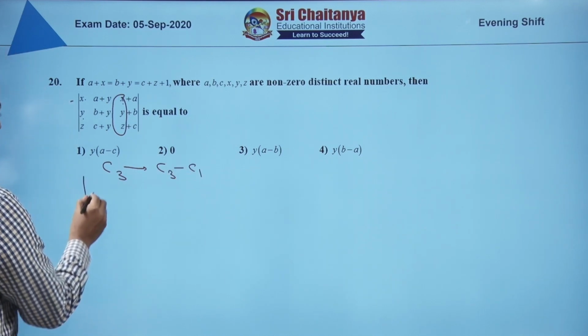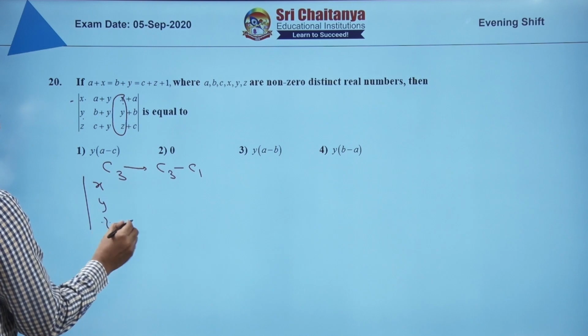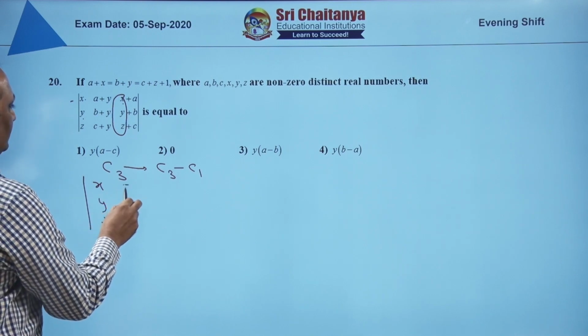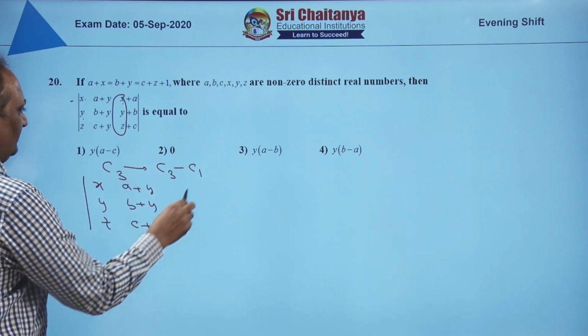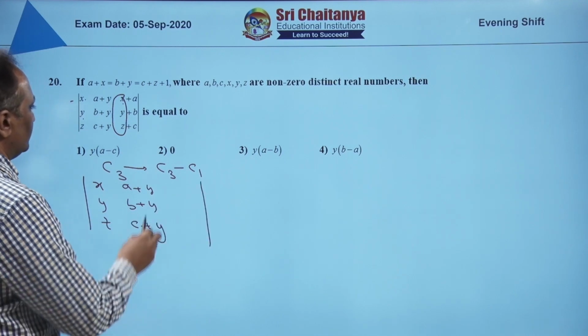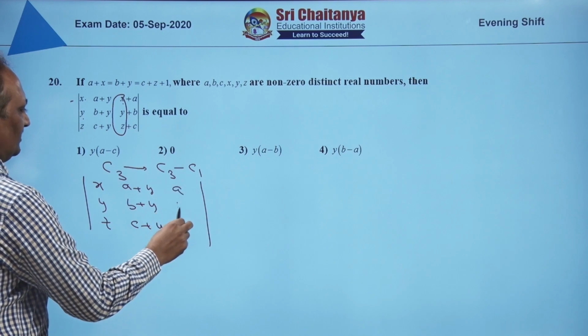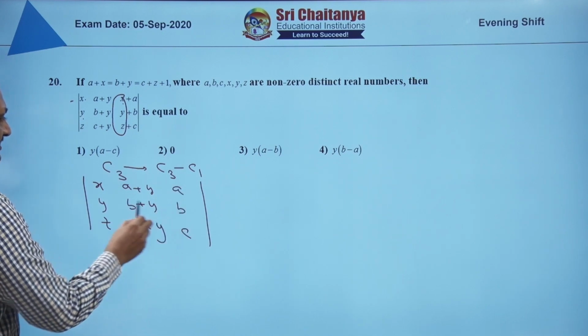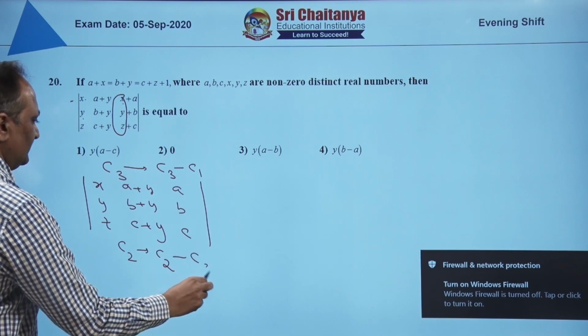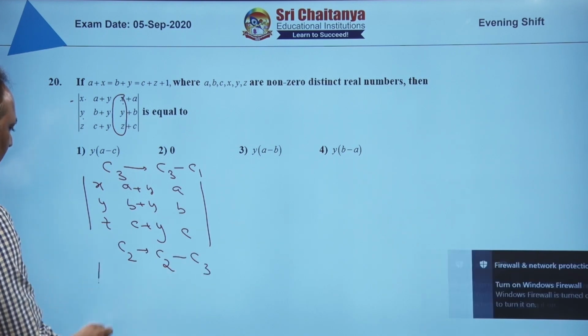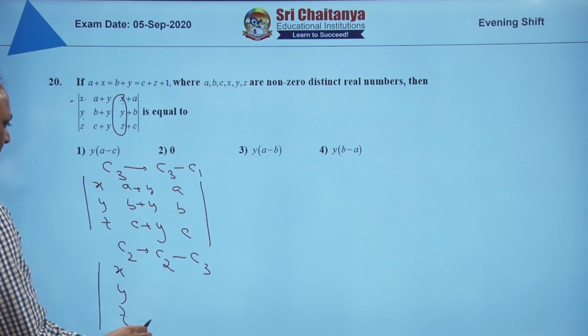So, this determinant becomes x, y, z. Second column as it is, a plus y, b plus y, c plus y. Third column becomes C3 minus C1, this becomes a, b, c. Now a, b, c is there in the second column again, so C2 is C2 minus C3. So, this becomes determinant of x, y, z.